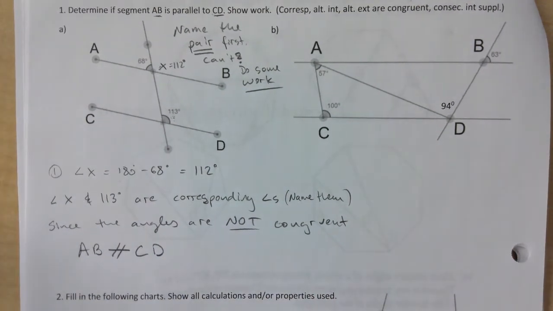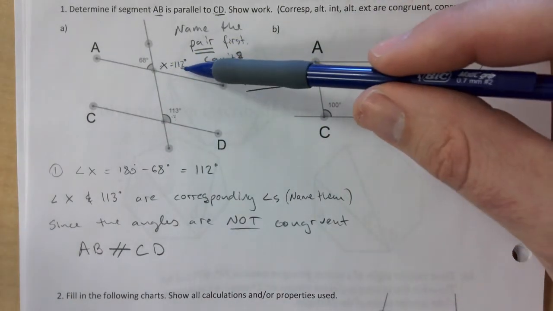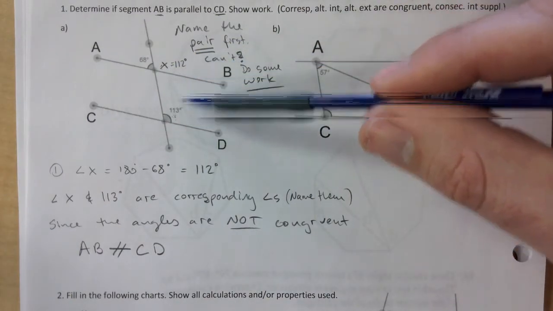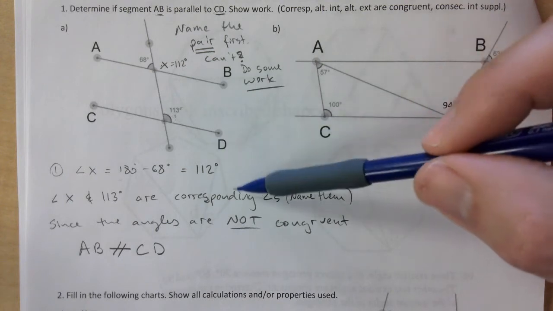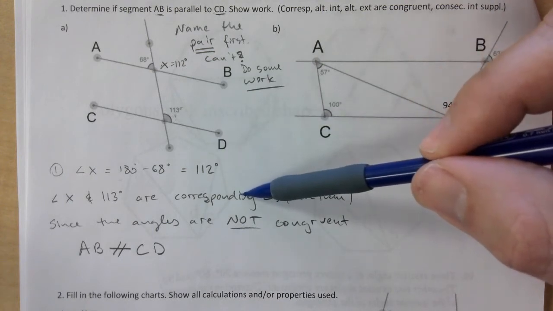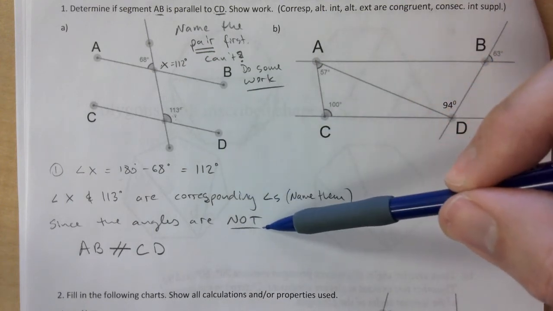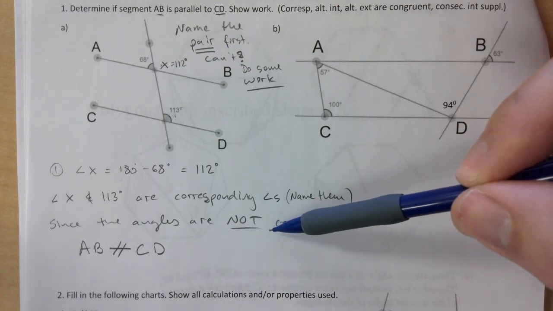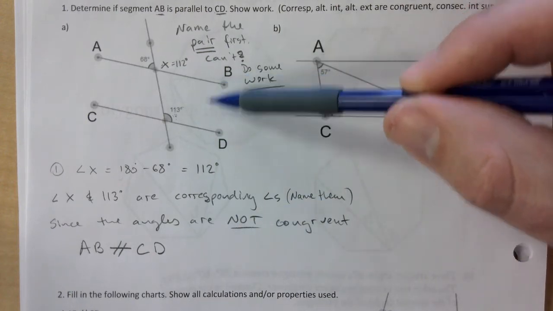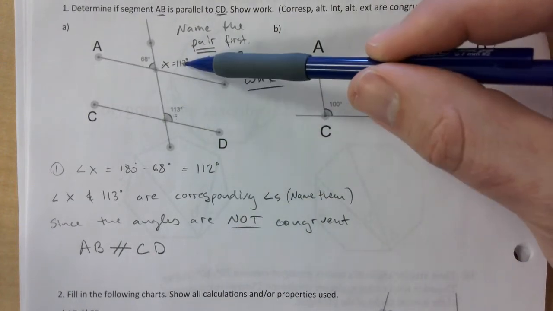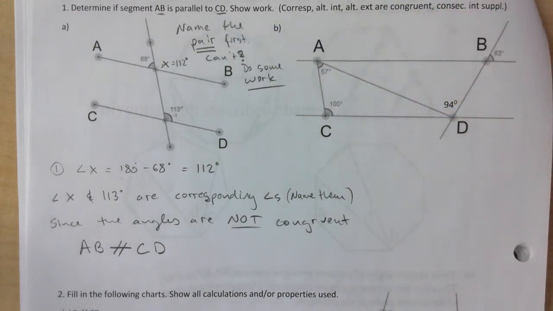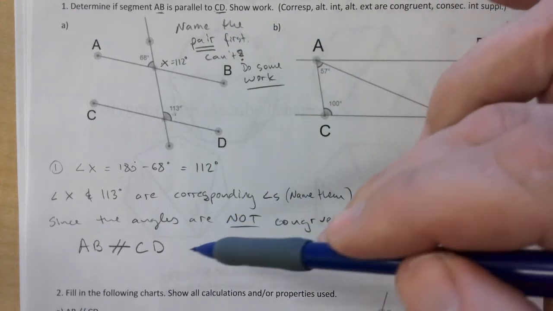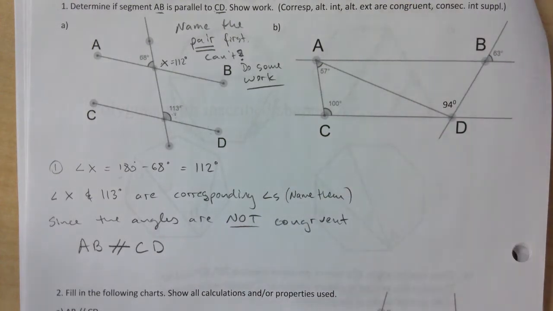Okay, so we've done some work and we're like, aha, I know this pair, right? They're corresponding. So you've named them, but then you're disproving, right? You're saying, wait a minute, if these lines were indeed parallel, the corresponding angles would have to be exactly the same, and they're not. Therefore, you've concluded that they're not parallel.